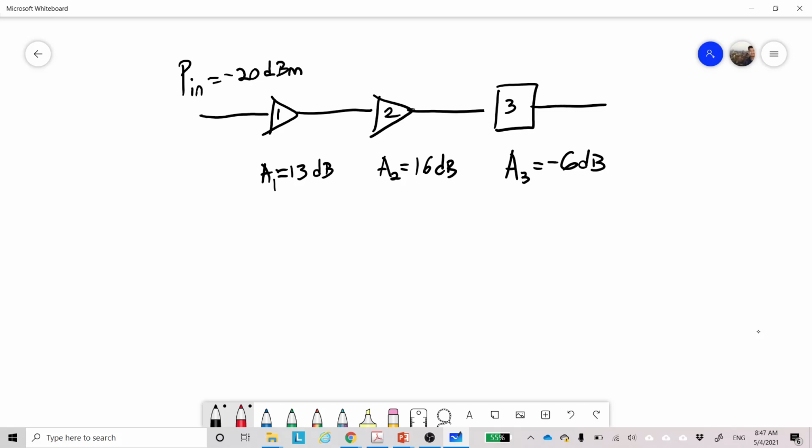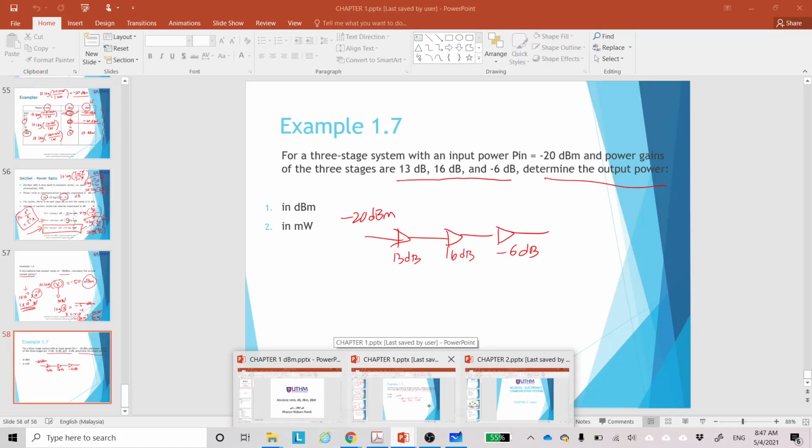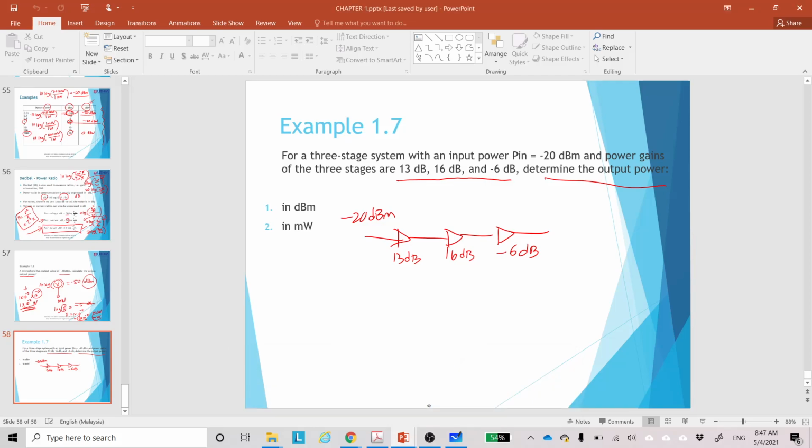The question asks, how much is the output power? So we don't know. And if you read the question again, it wants you to write the output power in terms of dBm and also in terms of milliwatt.